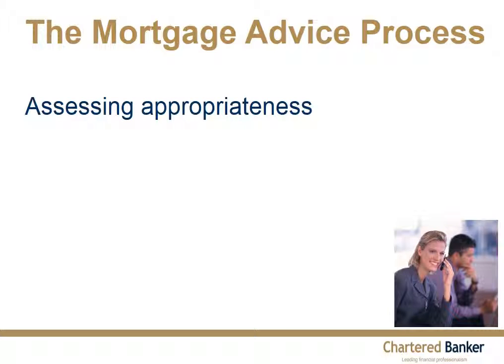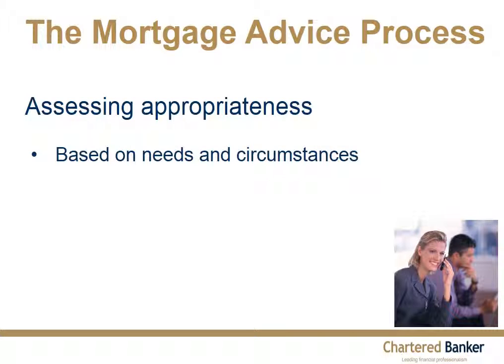So once you have gathered all the information about the customer's needs and circumstances, you then need to assess the appropriateness of any specific mortgage contract. As we have said, you must decide whether a mortgage contract is appropriate to a customer's needs and circumstances.